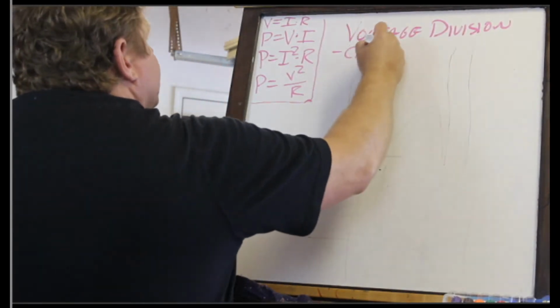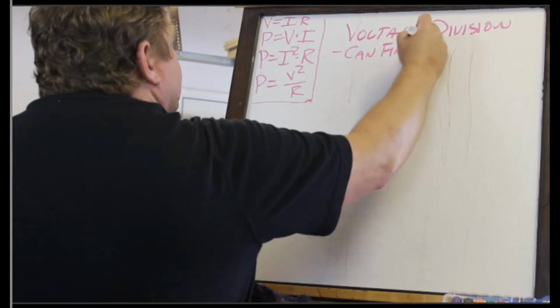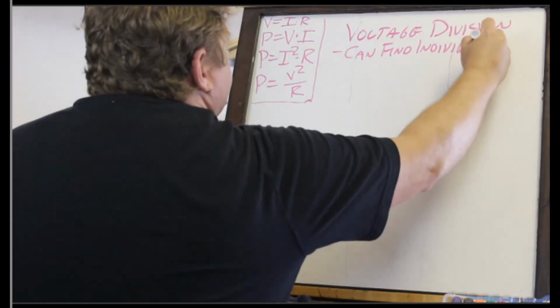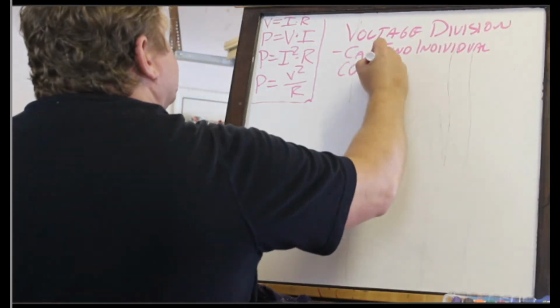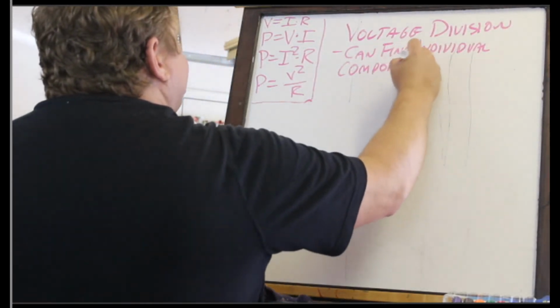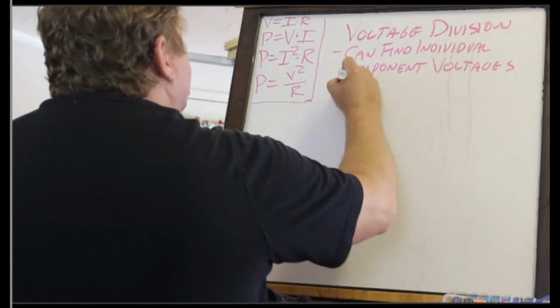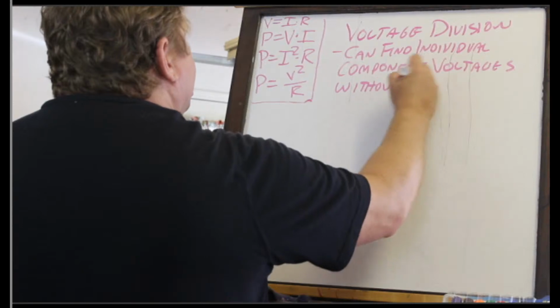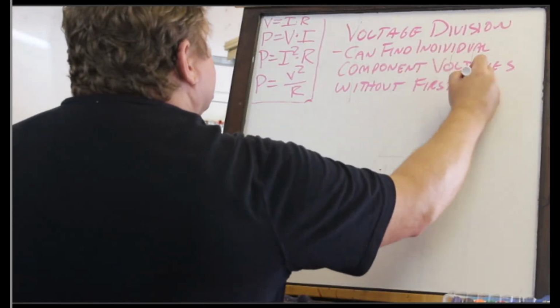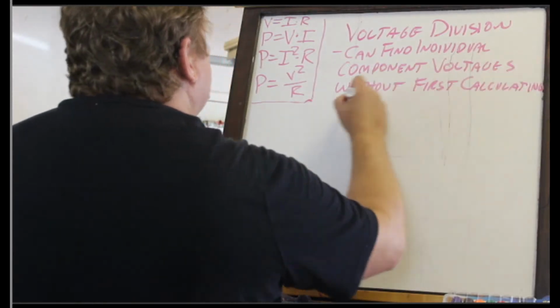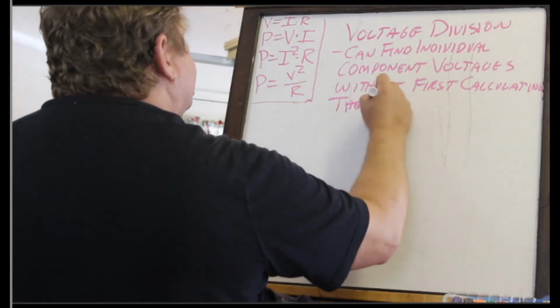So with voltage division, we can find individual component voltages without first calculating the circuit current.